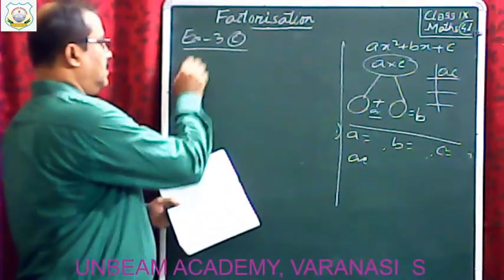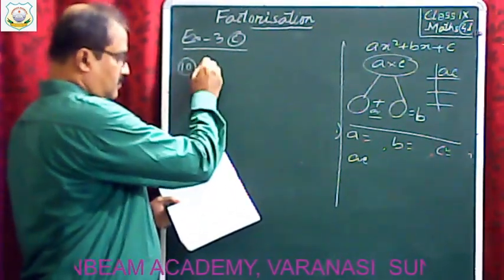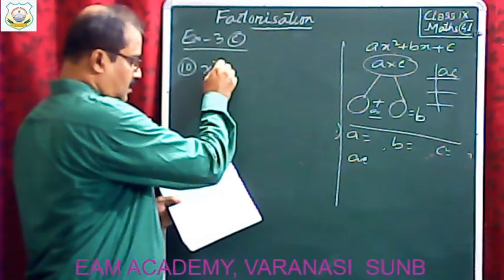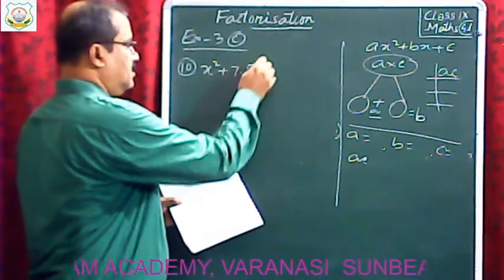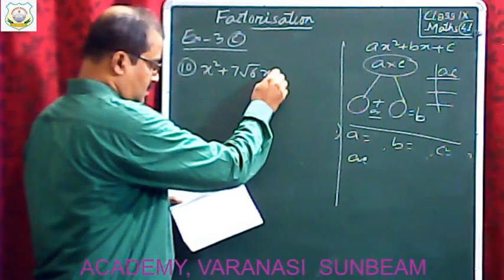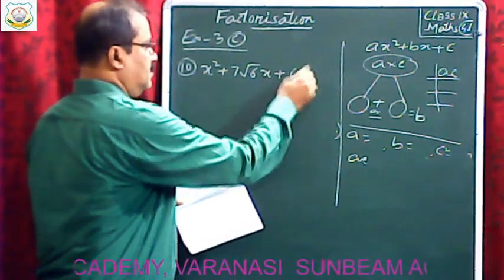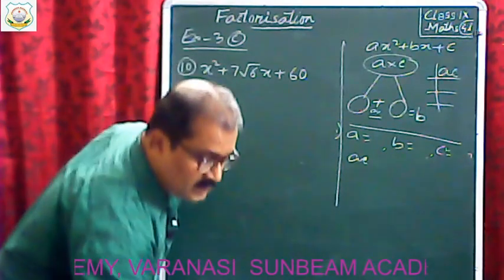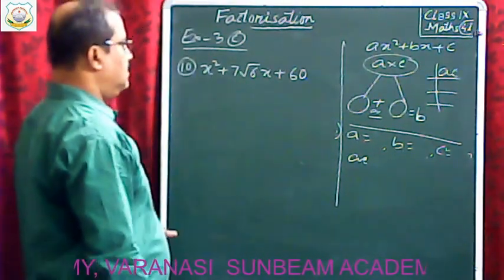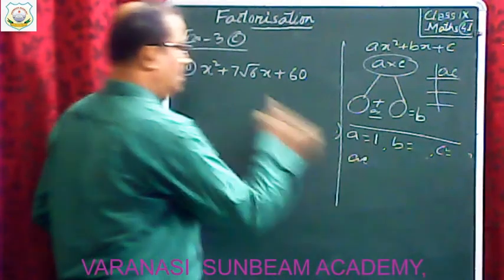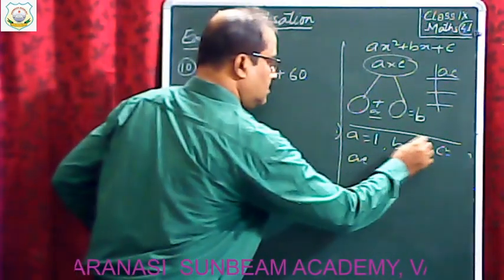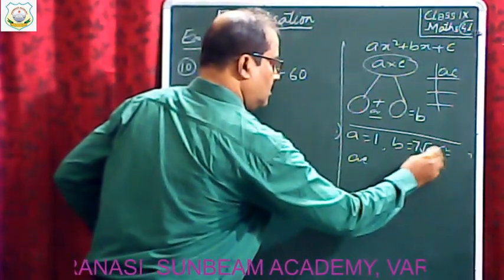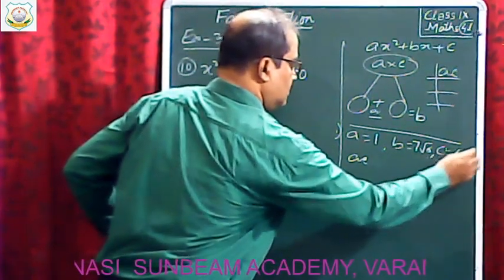Question number 10. x square plus 7 root 6 x plus 60. Again you have to compare the coefficients. A is what? Nothing, means 1. B is 7 root 6 and C is 60.